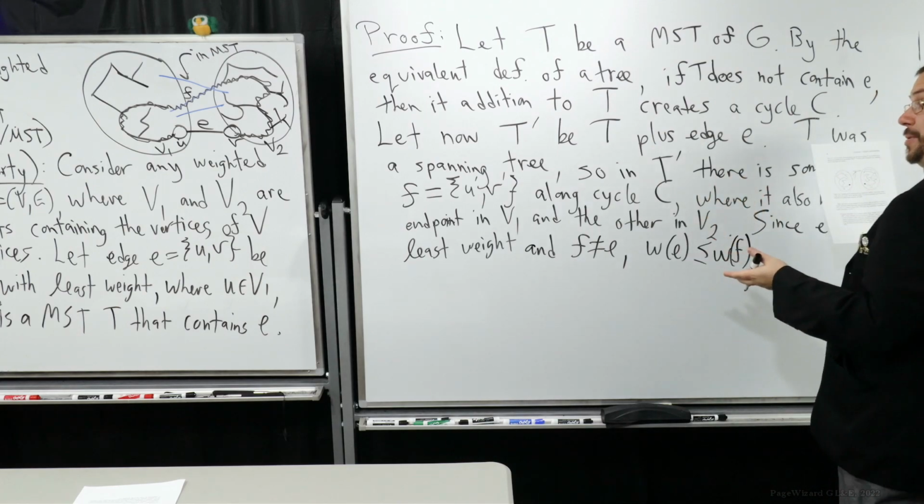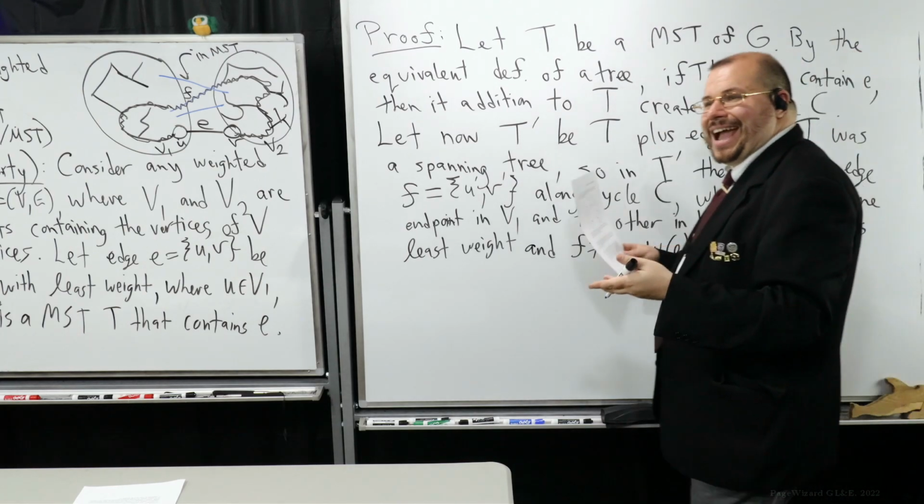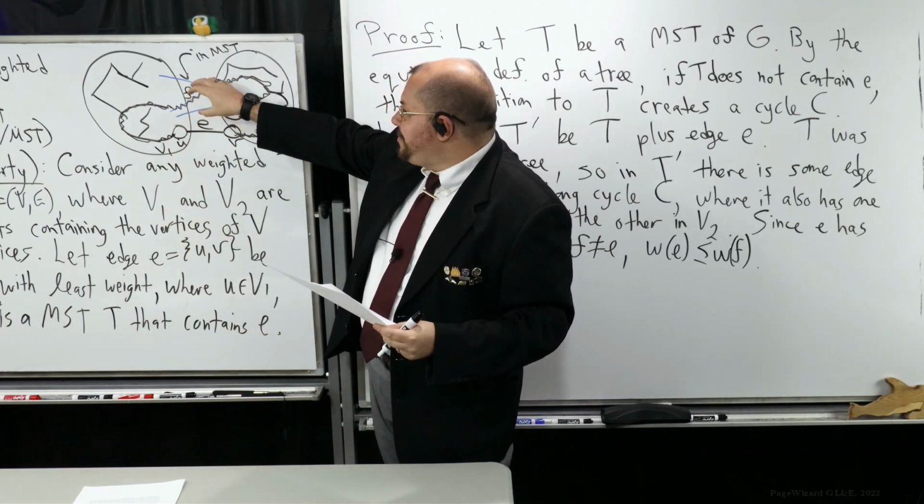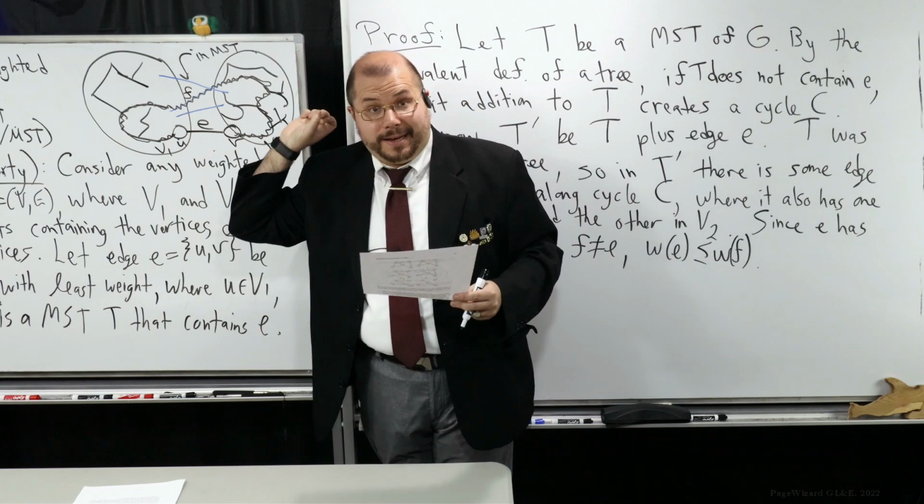Now, here's the neat part, because we originally had a spanning tree, right? And now, if I were to get rid of F, this would break the cycle.